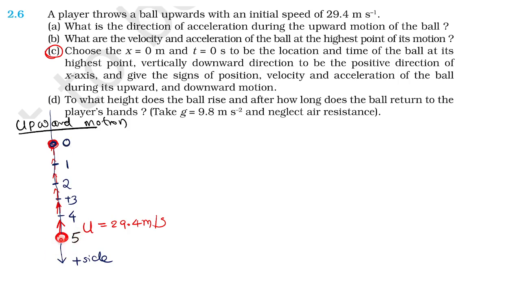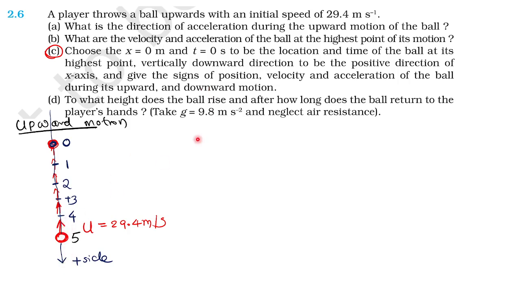The body is going up from plus 5. So the position changes from plus 5, plus 4, plus 3, plus 2, etc. Understood? What is the sign of the position? Not displacement.